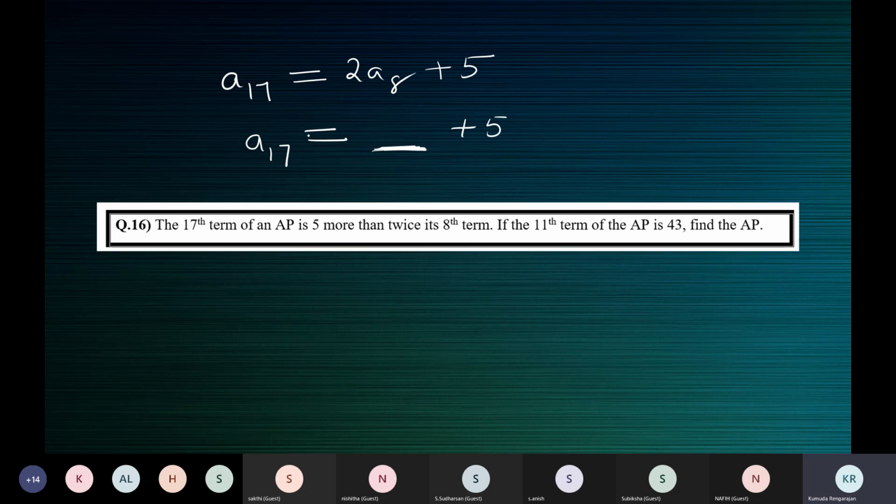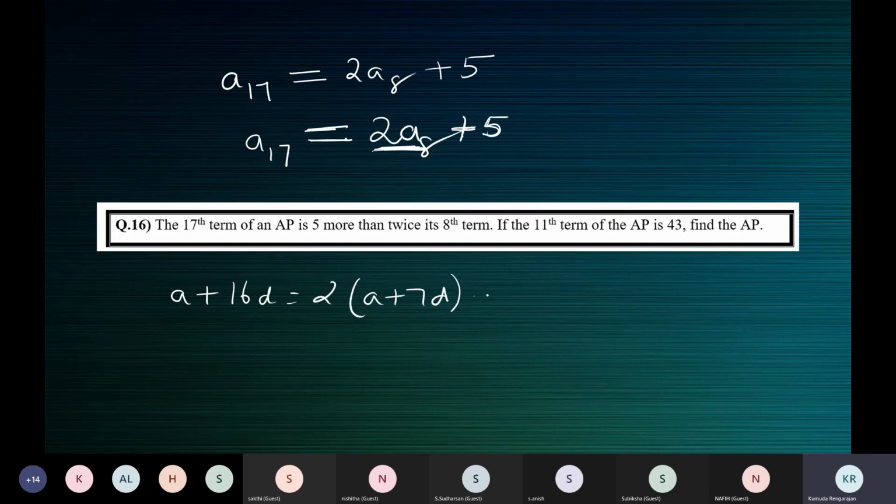So the 17th term of an AP is 5 more than twice the 8th term. That's it. So A17 means A plus 16D is equal to 2 into A8, that is A plus 7D, plus 5.